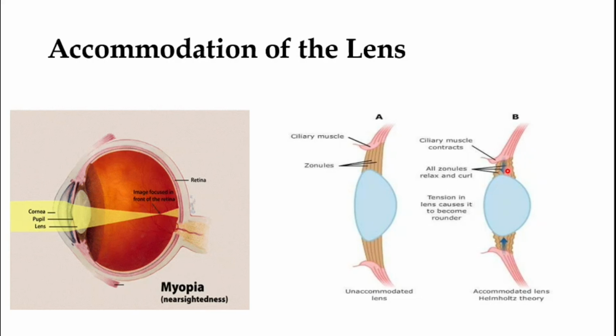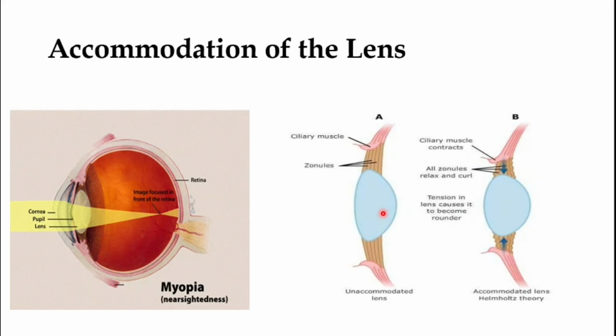This will relax the zonules and this will make the lens convex. So the light passes through this lens and it will fall on the retina. So the convex lens in the case of the near vision will allow the light to fall on the retina.